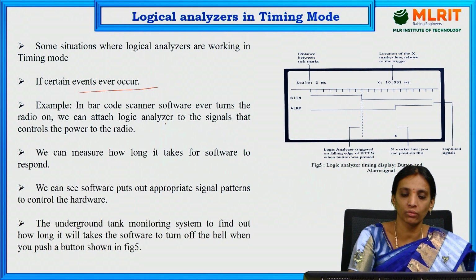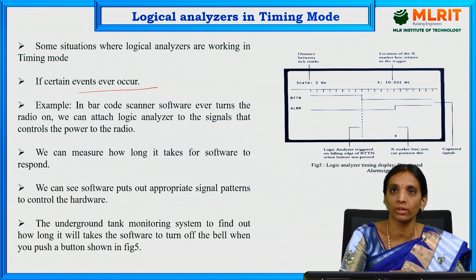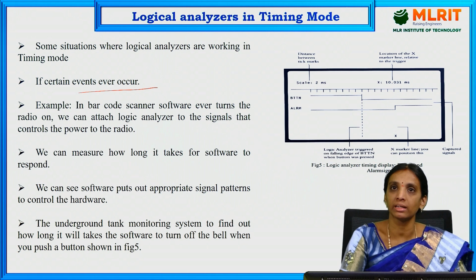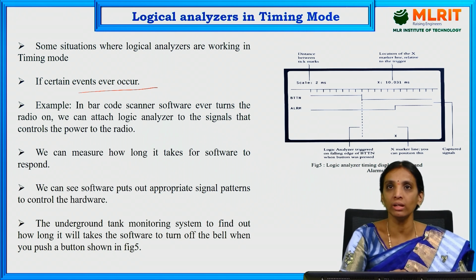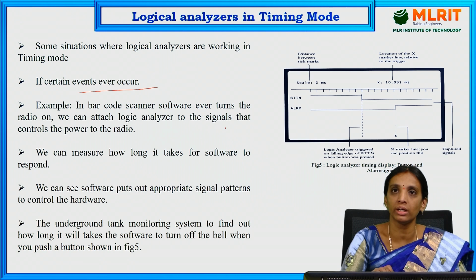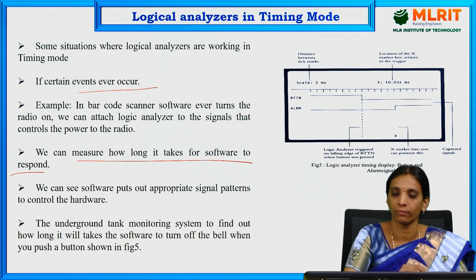Whenever any triggering signal or event occurs in the barcode scanner, it immediately connects that event to the logic analyzer, and then it simply displays the waveforms related to that barcode scanner. So we can measure how long it takes for software to respond.